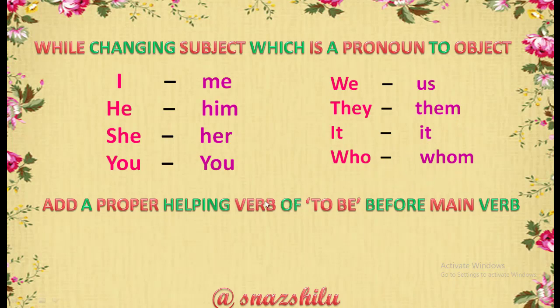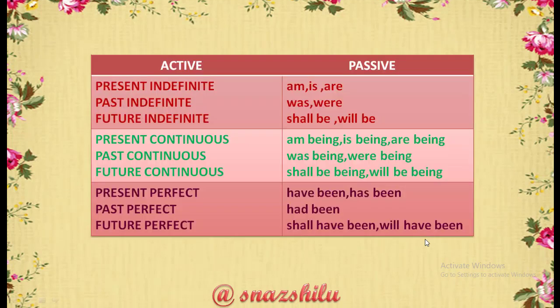And secondly, we need to add a proper helping verb of to be before the main verb. And this helping verb is decided based on tenses. Look here, there is a chart for you.